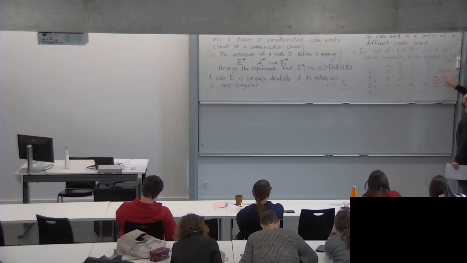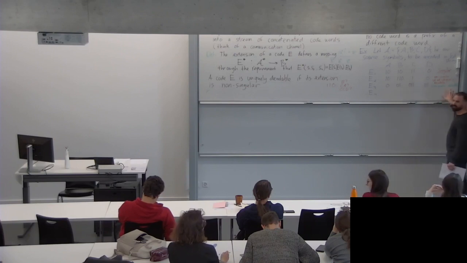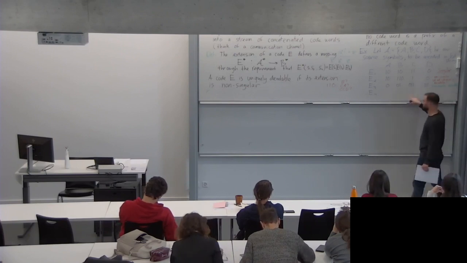All these sentences refer to E2, and now the green one refers to E3. It says it's uniquely decodable, even though the code isn't prefix free.